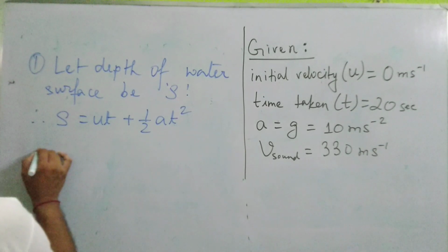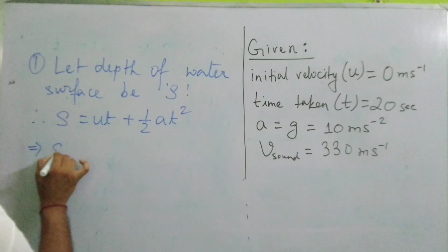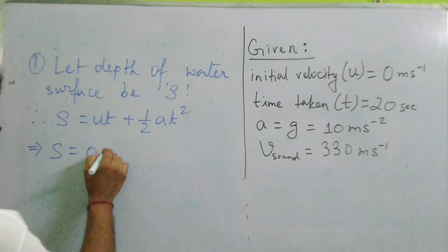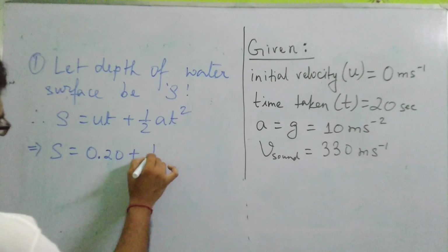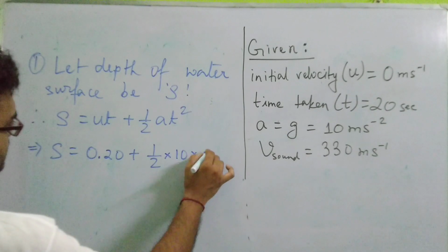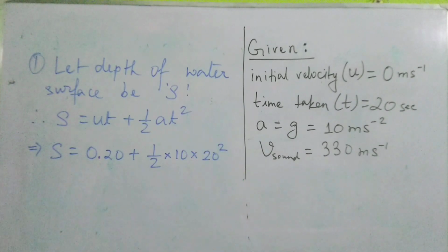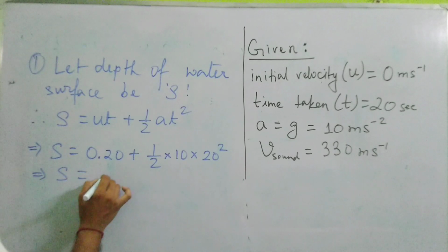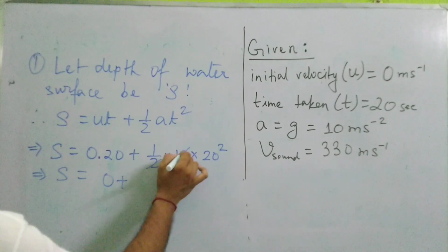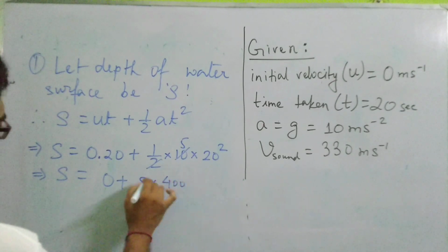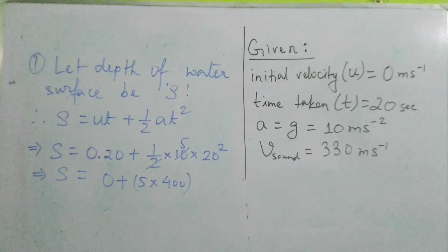Okay. Now, we can write it as S equals 0 times 20 plus half into 10 into t square, which is 20 square. So this term turns out to be 0. Okay, so S equals 0 plus, this is 5, so 5 into 400.